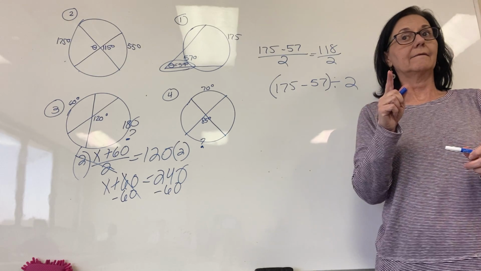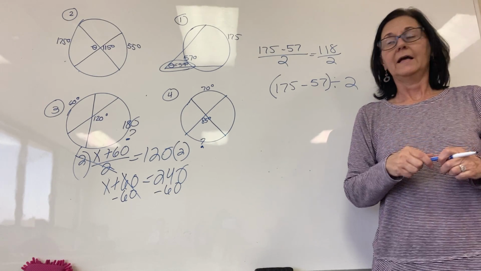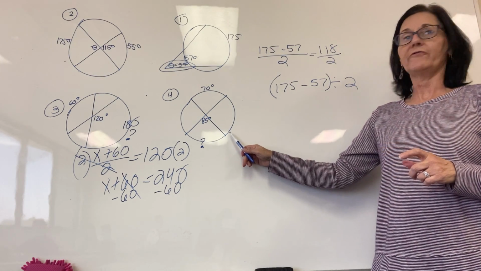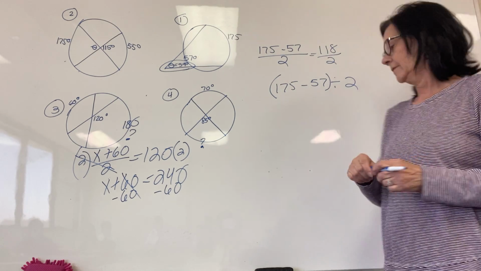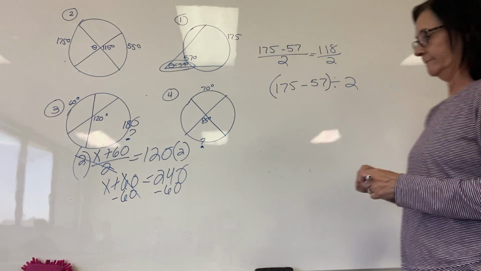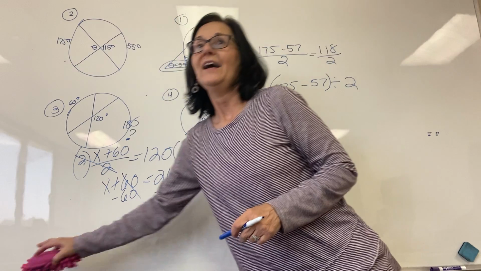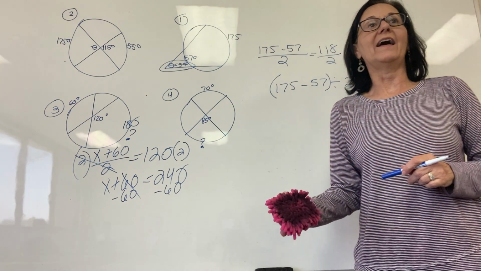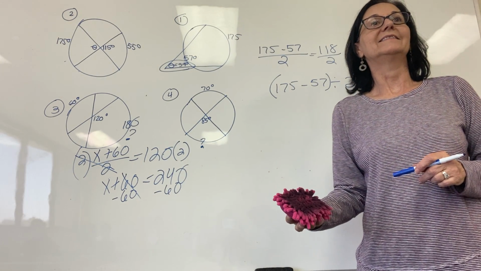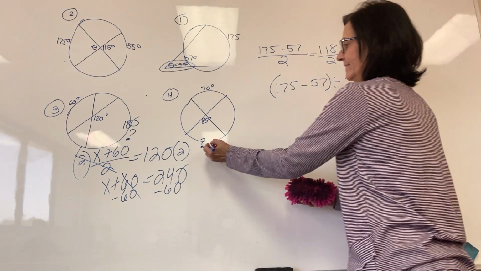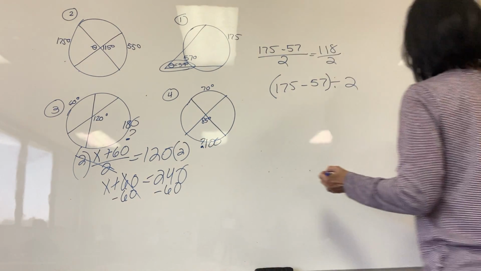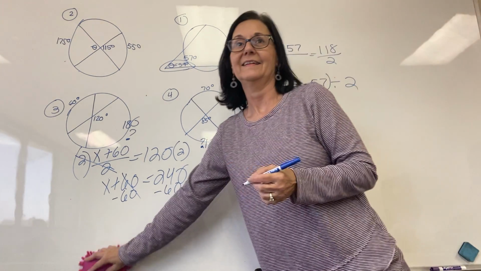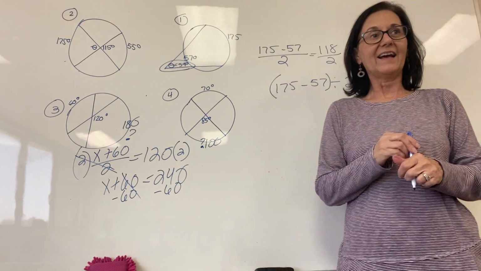Got it? Jesse, what did you get for 4? I'm not confident in my answer anymore. Say it, Jesse. Go ahead. What is it? Is it 100? I got 100.